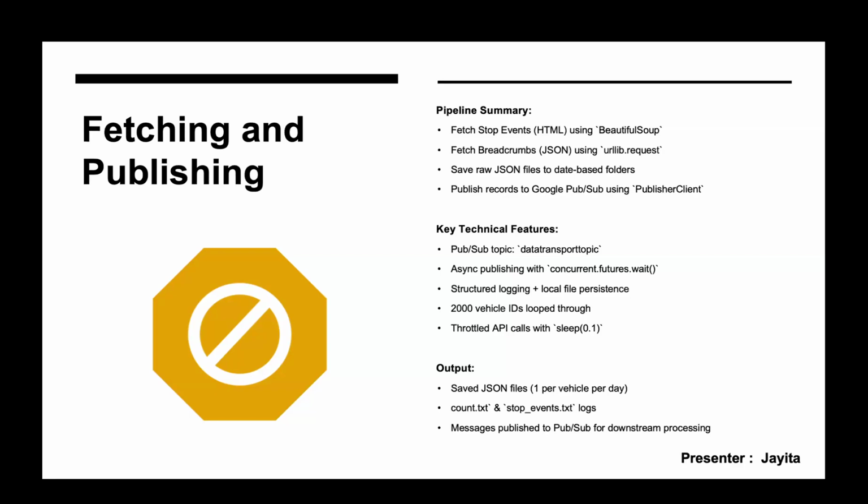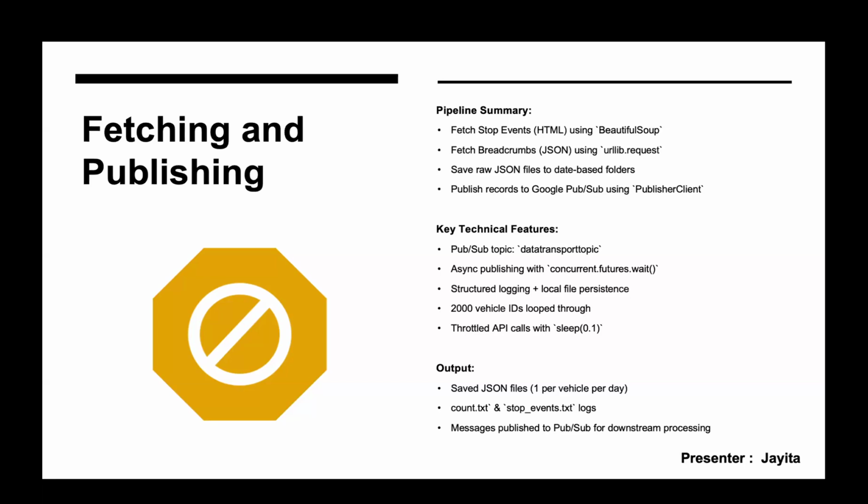For each vehicle ID, the script builds the correct API URL and fetches the data using urllib. If the response is valid, it saves the JSON to a file as a backup. Then it iterates over each breadcrumb record and publishes it individually to a PubSub topic. The script uses concurrent.futures to manage publishing all messages asynchronously. At the end, it logs the total number of files, total messages sent, and the time taken.